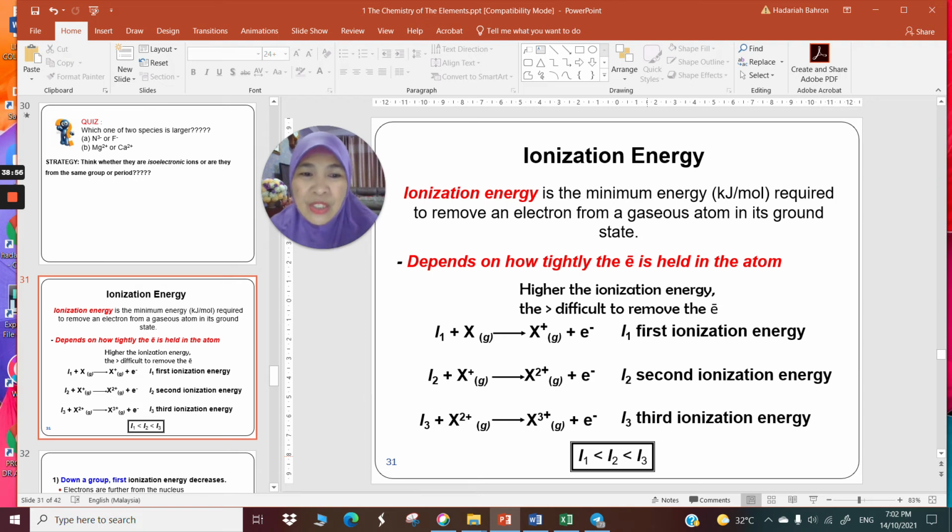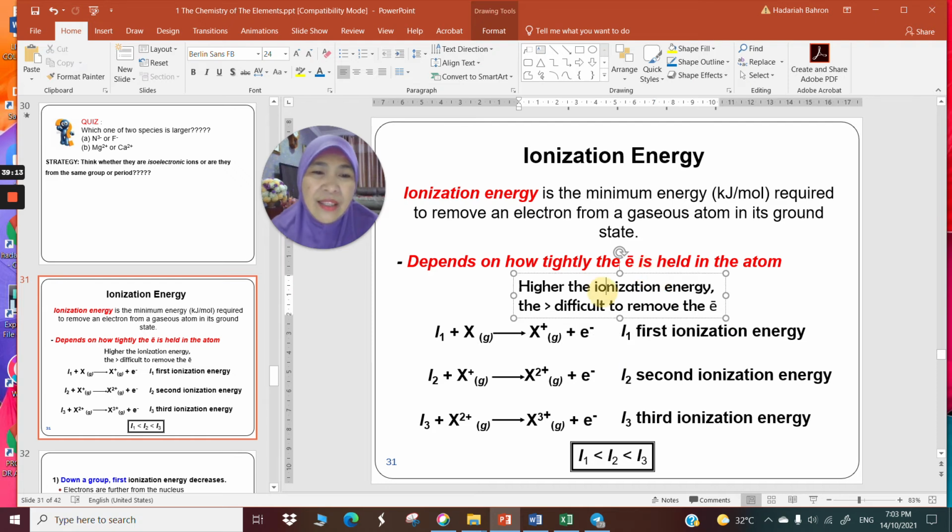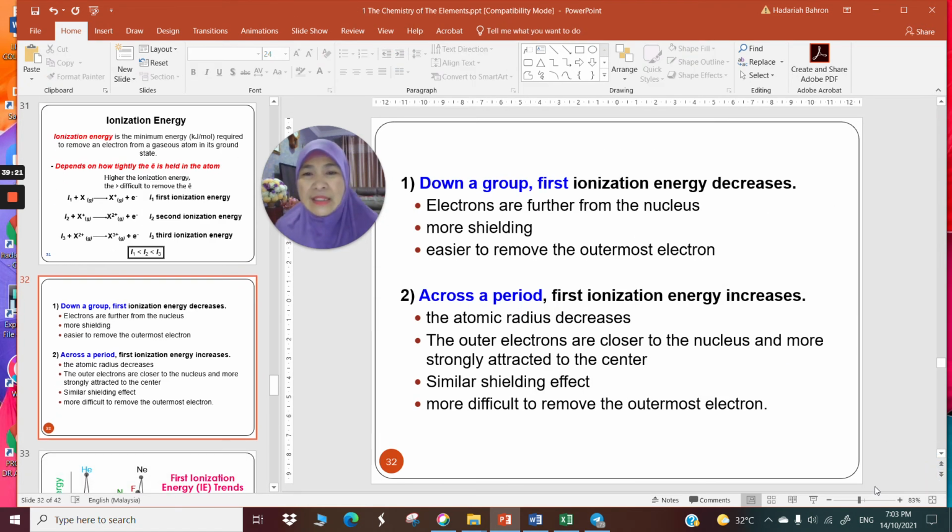And then the third electron, which is even closer to the nucleus, will be a lot more difficult to remove. So first, second, and third ionization energy: the higher the ionization energy, the more difficult it is to remove the electron.